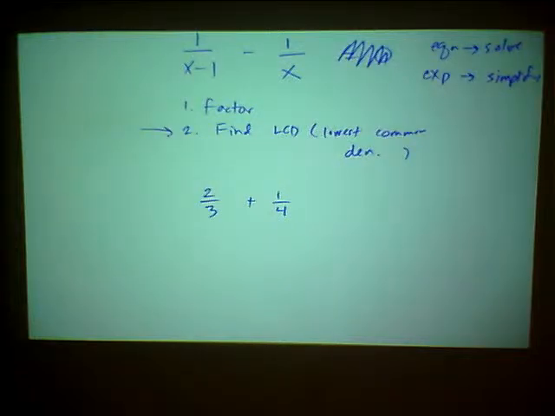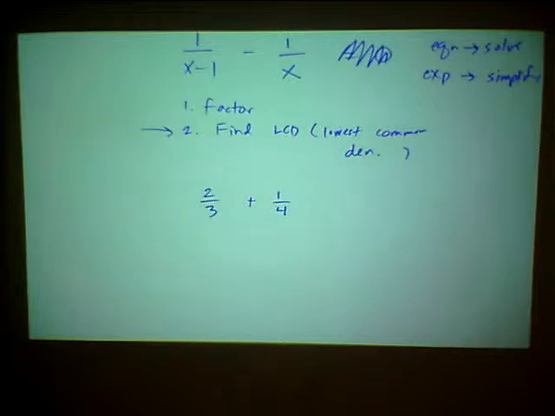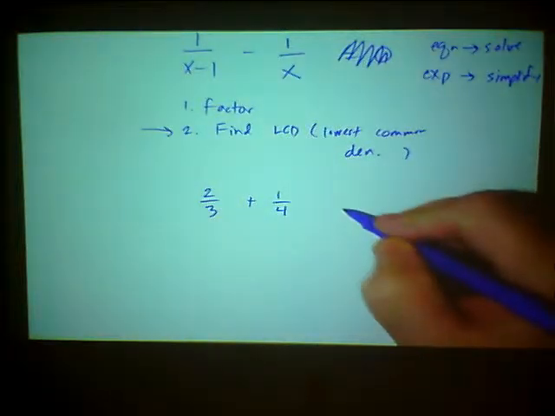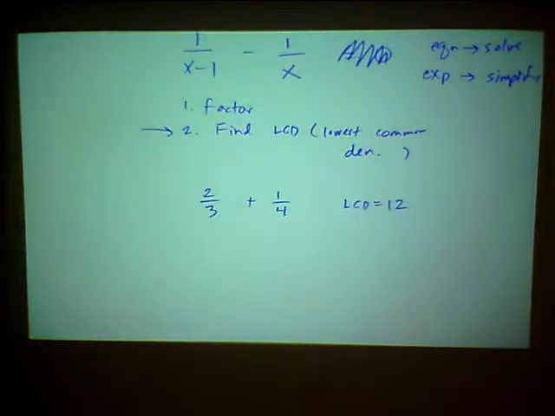And you learned way back then you cannot add fractions unless you have a common denominator. So you would go find a common denominator. You look at the 3 and the 4, and you ask yourself, I need to find the smallest number that 3 goes into and that 4 goes into. And I think almost all of you would know that the LCD would be 12.